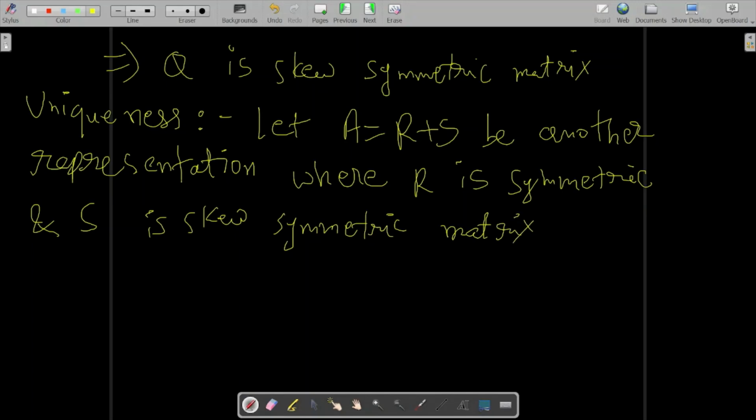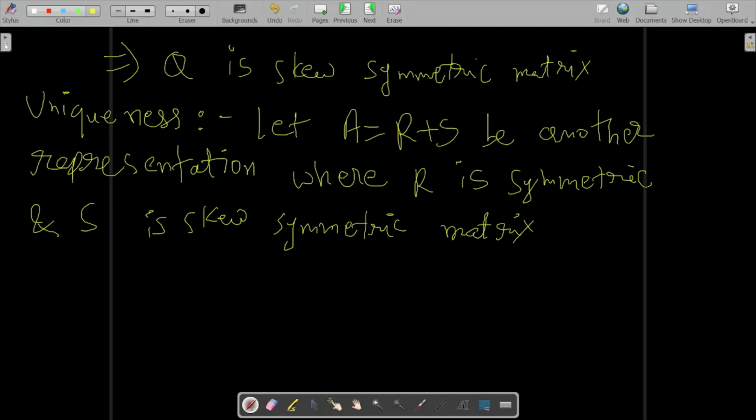So we will basically take another representation and we will prove that representation to be equal to the original one. We will prove that this another representation has come out to be equal to the P plus Q representation. If we prove that, then uniqueness will be proved, that any other representation will be the same as the first one.